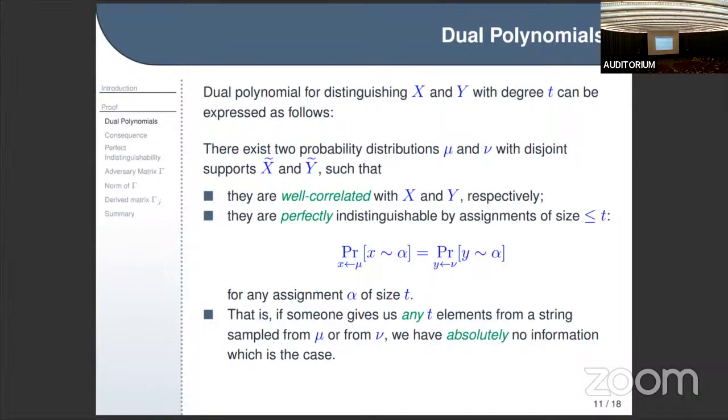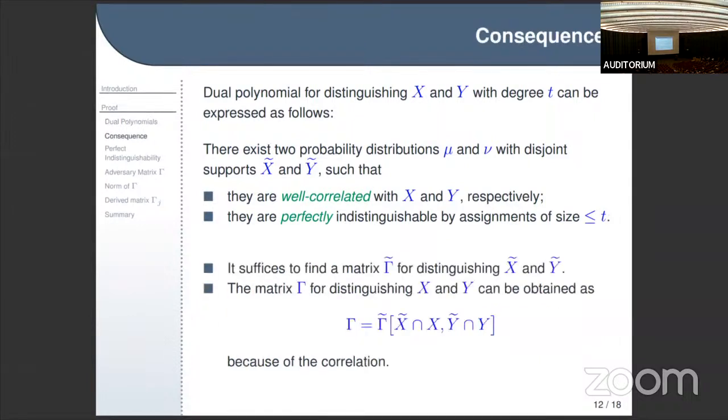The consequence of what is written here is that it suffices to find a matrix gamma tilde for distinguishing tilde X and tilde Y. Then we can get the matrix gamma for distinguishing X and Y just by restricting this gamma tilde to the inputs that are allowed.